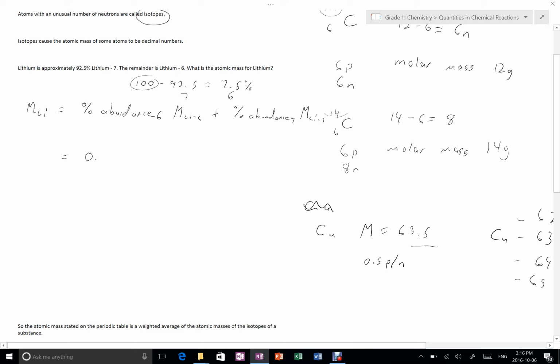Remember, whenever we use percents in equations, we always have to convert them over into their decimal values, times the molar mass of lithium-6, which is just 6. It's not really 6. If you looked it up, it would be like 6.01 or something like that. But we'll just use 6 because, again, I like to round. Plus 92.5% converted to a decimal times the molar mass of 7.